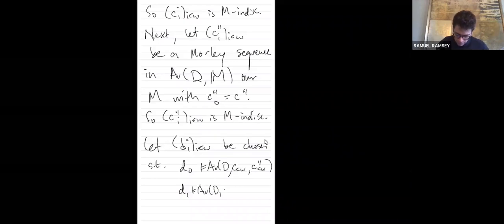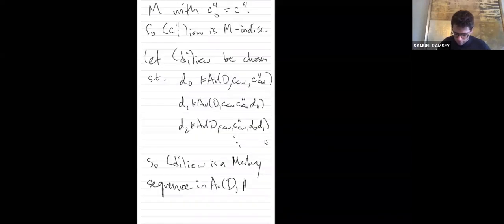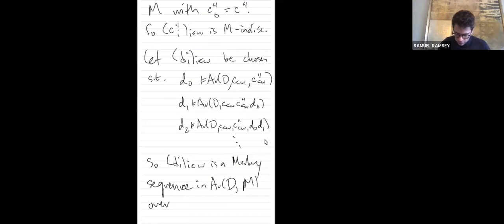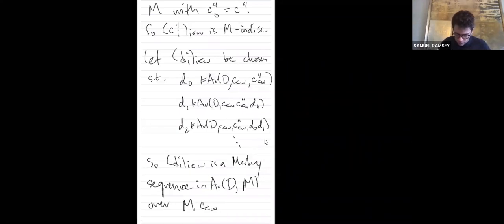And D2 is going to realize the average type of D over C less than omega, C prime prime less than omega, D0, D1, and so on and so forth. So D_i, i less than omega, is a Morley sequence in the average type of D over M, over not just M, but over everything that we've done so far.